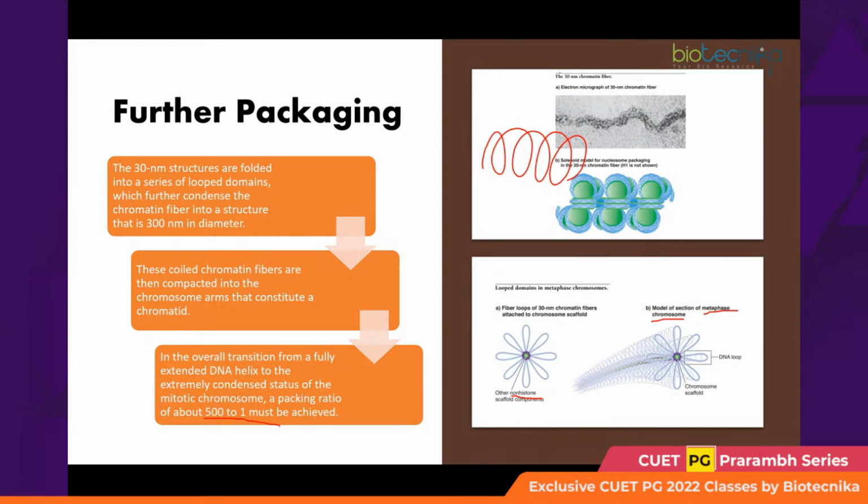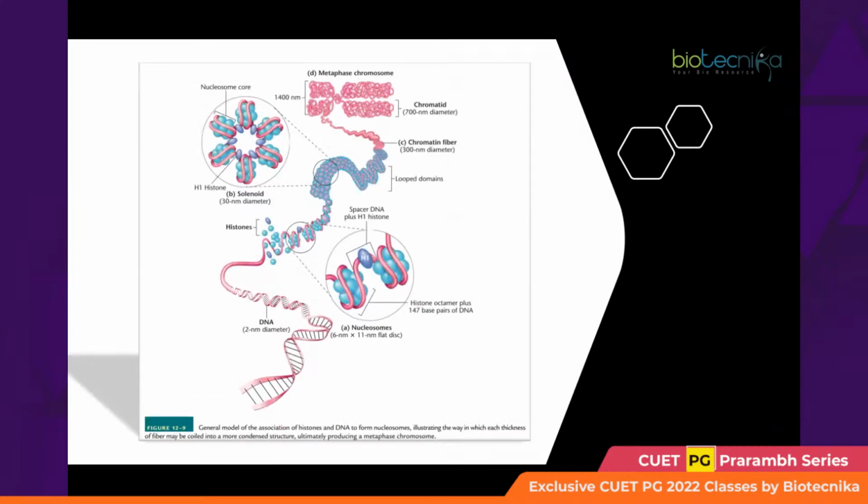Now to give you a better idea, this is the consolidated structure. You have DNA which is a double helix, bound around each other. Then it will be wrapped around the nucleosome core, which is an octamer of histone protein. So this is the nucleosome core, and then it will be joined by the H1 that will arrange these nucleosomes in a zigzag pattern, resulting in the 30 nanometer fiber.